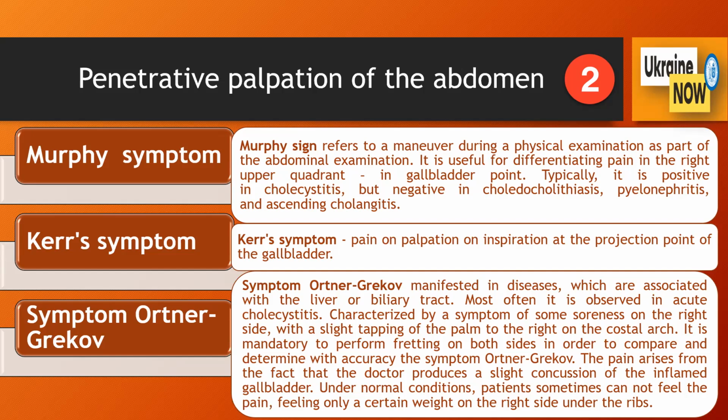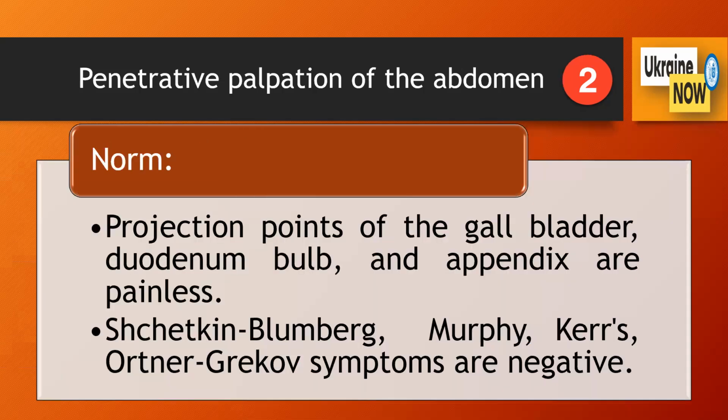Under normal conditions, patients sometimes cannot feel the pain, feeling only a certain weight on the right side under the ribs. In penetrative palpation, projection points of the gallbladder, duodenal bulb, and appendix are painless. Shchetkin-Blumberg, Murphy, Kehr's, and Ortner-Greco symptoms are negative.